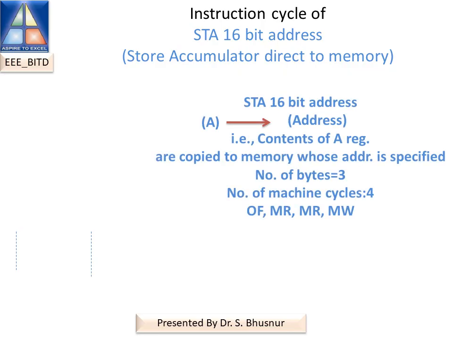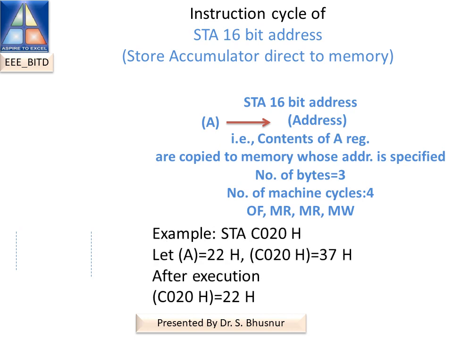So the contents of the accumulator will be written into the specified address. As far as LDA and STA are concerned, the number of machine cycles is 4. The first 3 are exactly the same, and the last one is memory write instead of memory read.